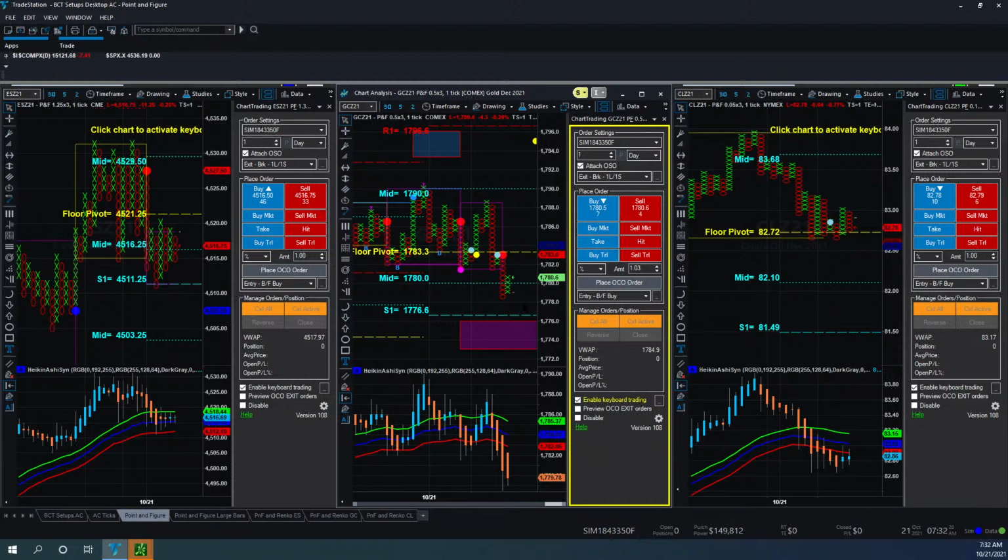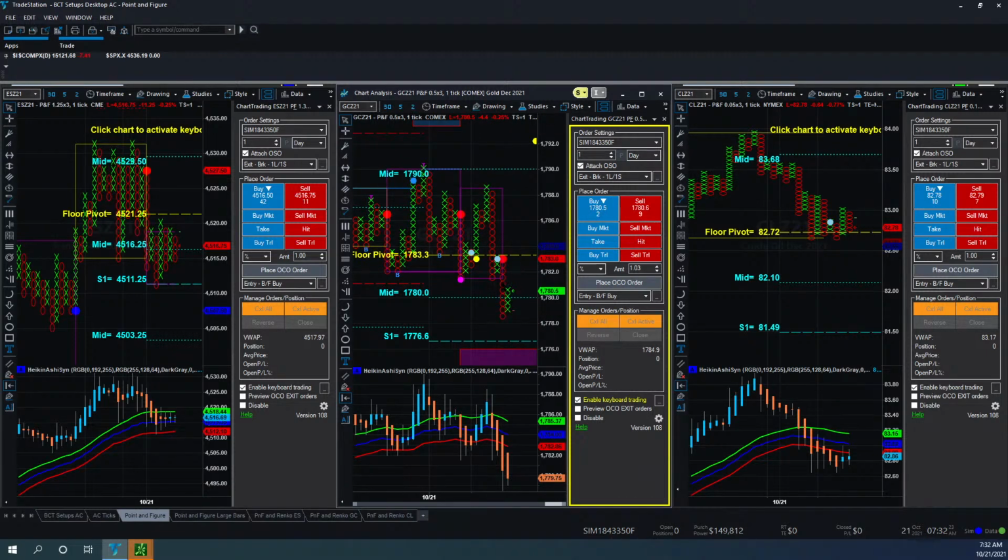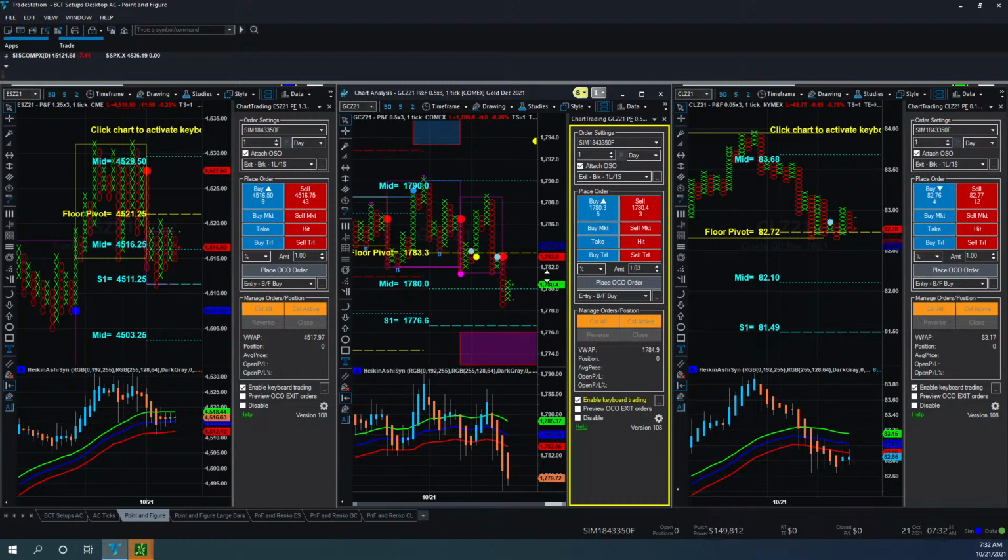We'll see if it tries to make another attempt to go down and break the 200. See this, there's a high here and a higher low right there, and an attempt to go higher here, and then came back, breaking this Darvas box. Now trying to go up here and finding it's going to probably find some resistance at this level.